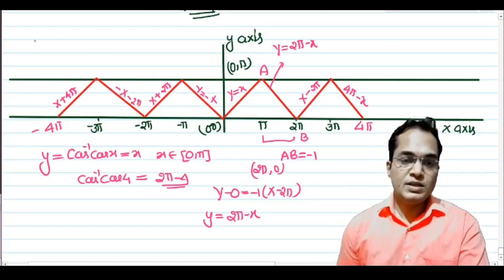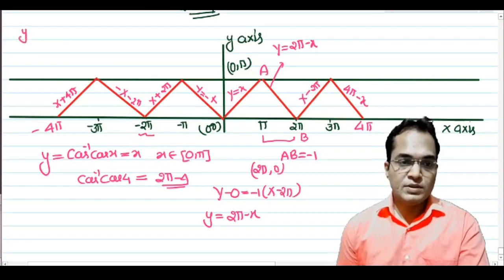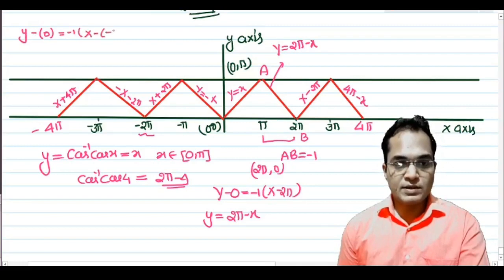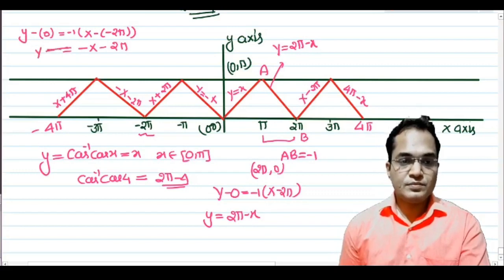You can draw it easily: the equation of the line passing through this point and having slope minus 1 means y minus 0 equals m times x minus x1, which is minus 1 times x plus 2 pi, and solving it becomes minus x minus 2 pi. This is the y. Got it?